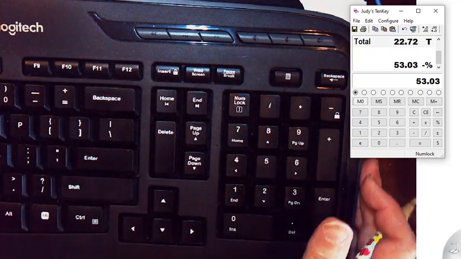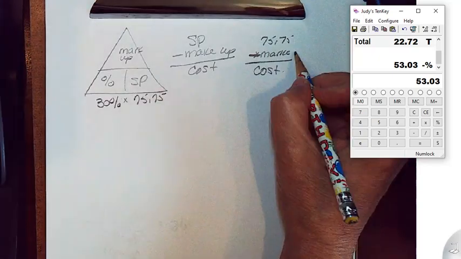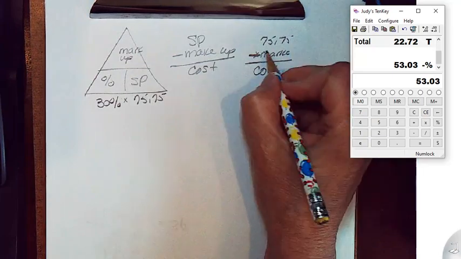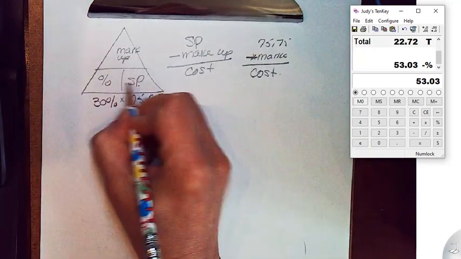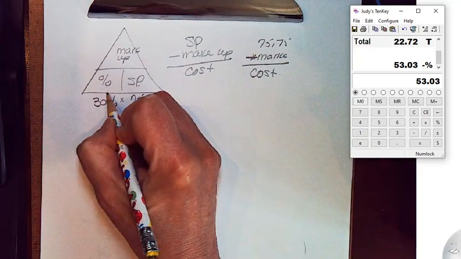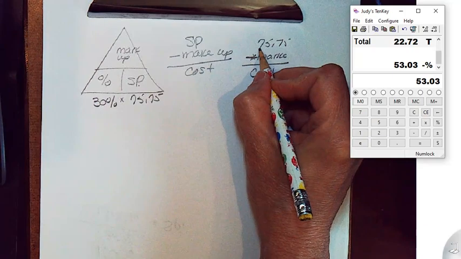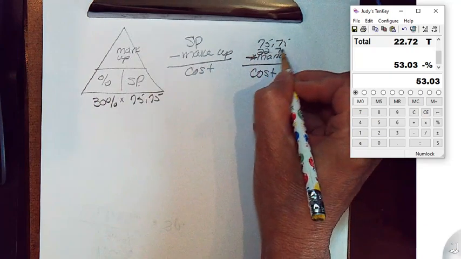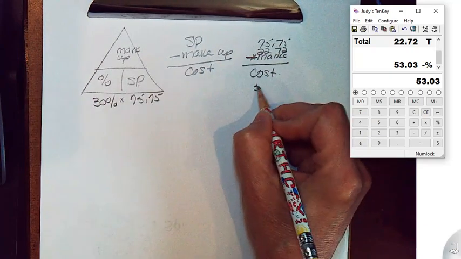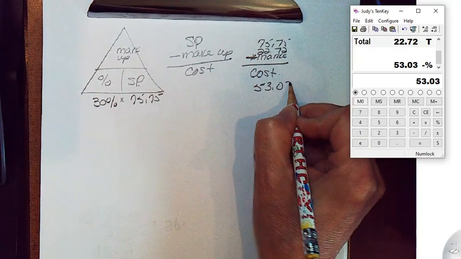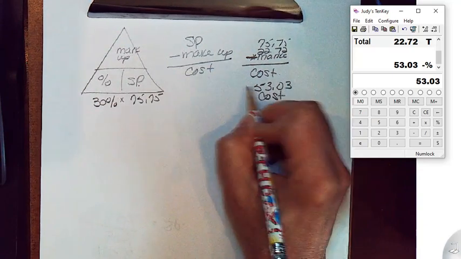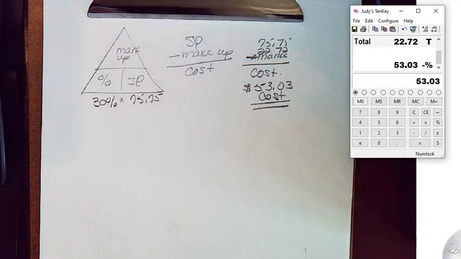Okay, so we found the $75.75 was given. We took the selling price times the rate to figure out markup, and it came out to be $22.72. So you subtract, and our cost is $53.03. So now if I know my cost and somebody wants to come in and bargain, I can know if I can sell it to them for that amount or not.